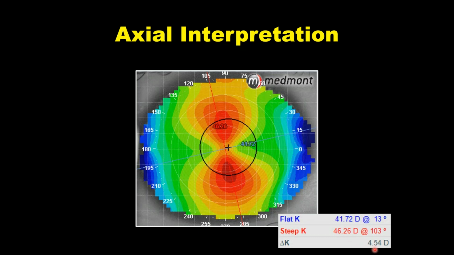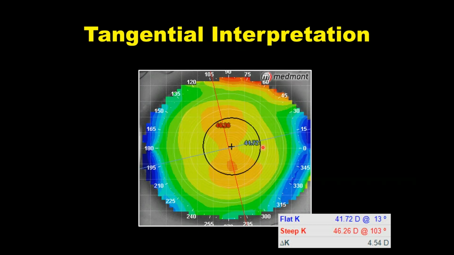We do have an incredibly high corneal astigmatism, but again, we have a regular corneal astigmat. So the axial map tells us about vision, tells us this patient should do very well in a glasses prescription, should do very well in a soft toric lens that might stay on axis.